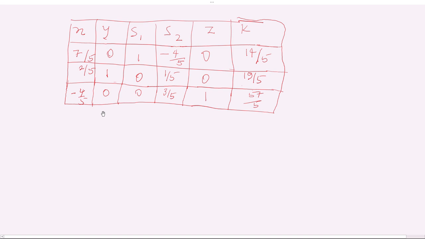So we need another intervention, and that intervention will be the second iteration. The second iteration is to start this all over again, but with a different column, because this column cannot be used again.